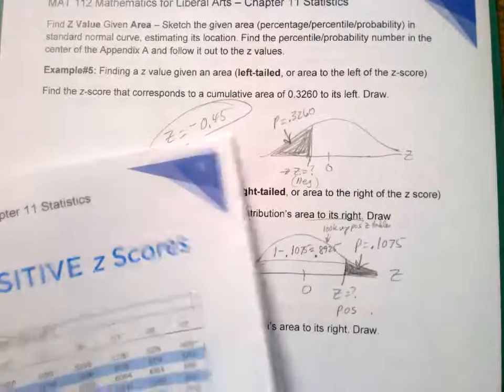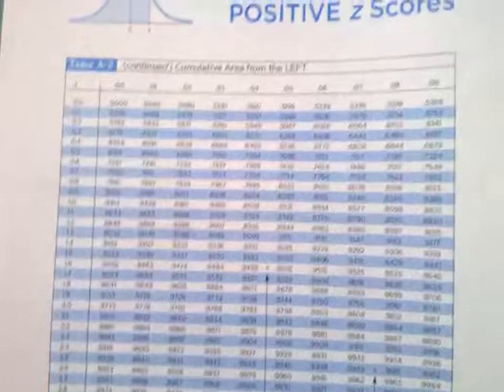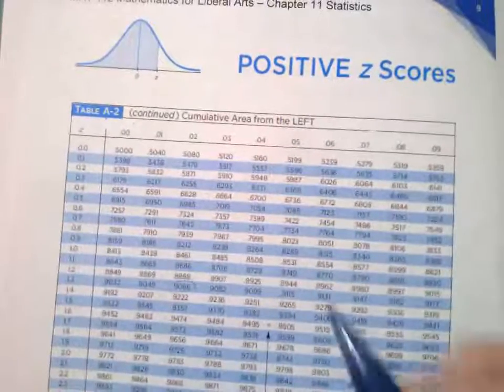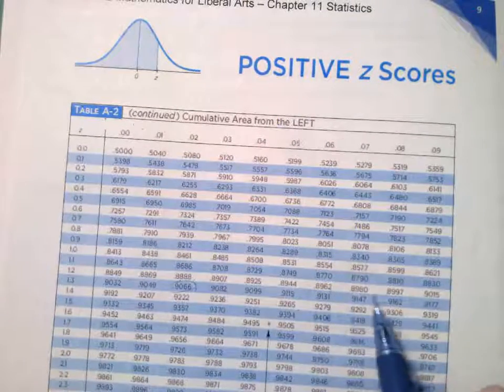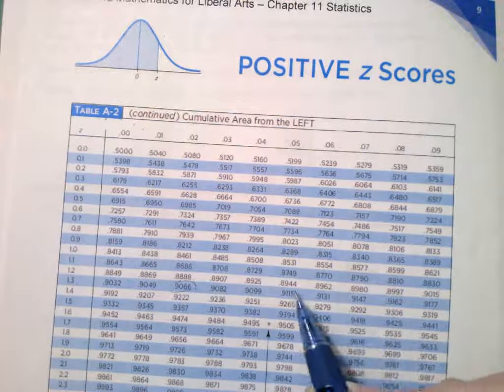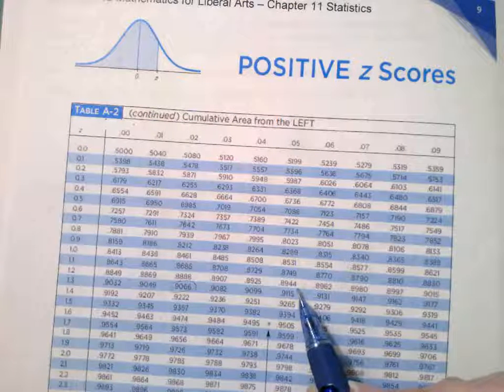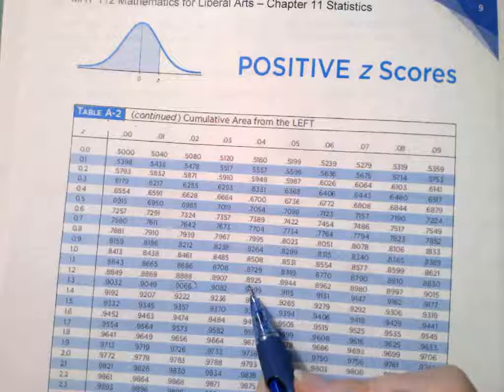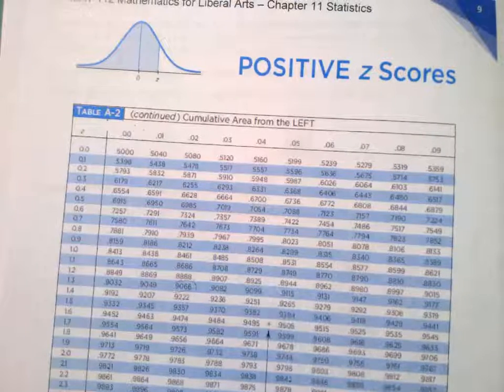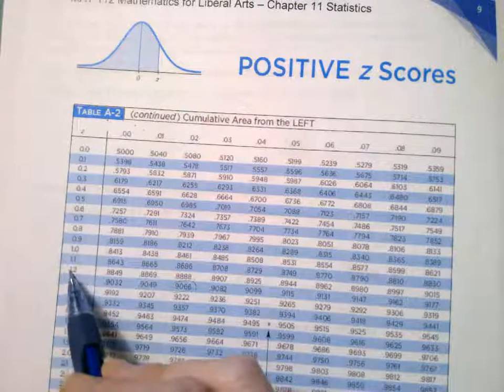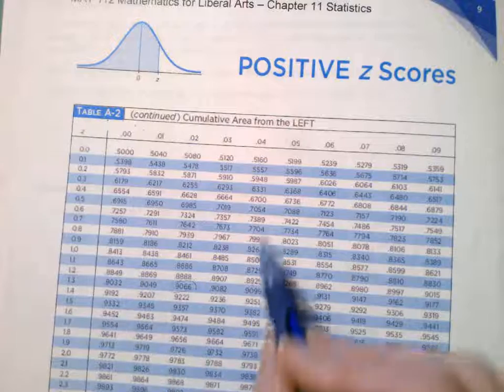So 0.8925 is right there. That's from 1.24.